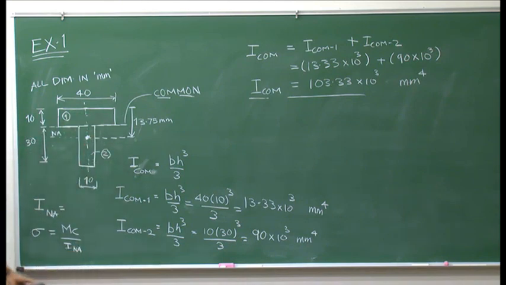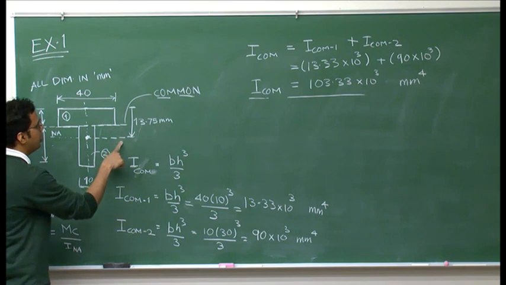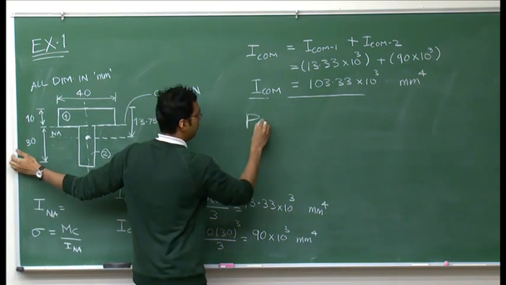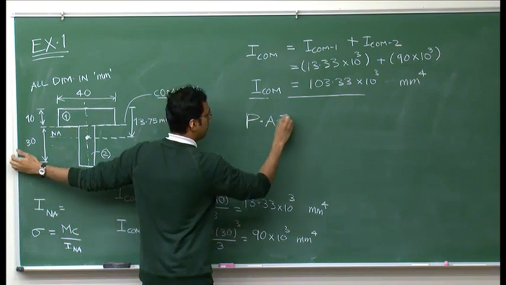So what we have done is found the moment of inertia about the common axis of the entire T section. But in order to apply the formula for bending stress, which is Mc over I, we need to find the moment of inertia about the neutral axis. We know the moment of inertia about the common axis, we want to transfer it from this axis to the neutral axis, and for that we are going to use the parallel axis theorem.